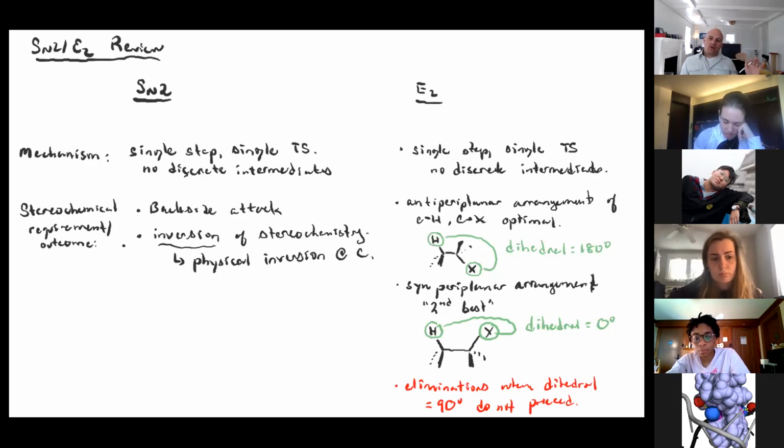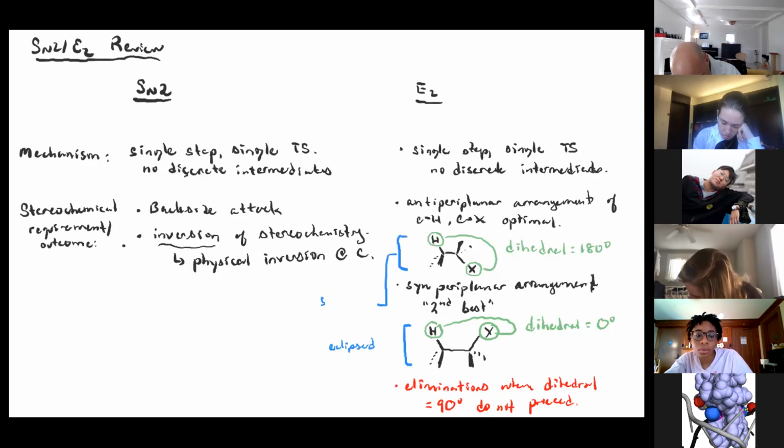The anti-periplanar elimination for steric reasons is better than a syn periplanar, because if you look at the syn periplanar conformation here, this is all eclipsed, right? And so we know that that's generally not a favorable situation. In the anti-periplanar, you're staggered.